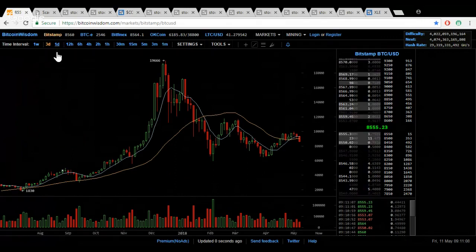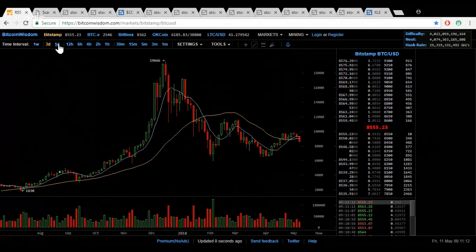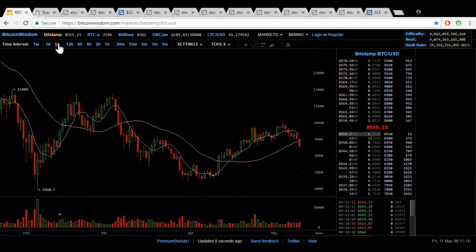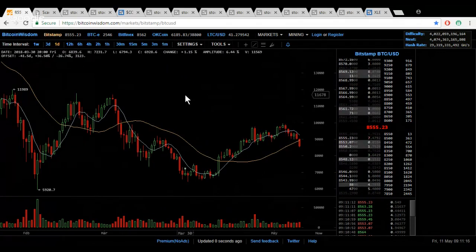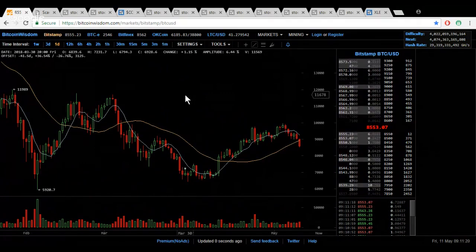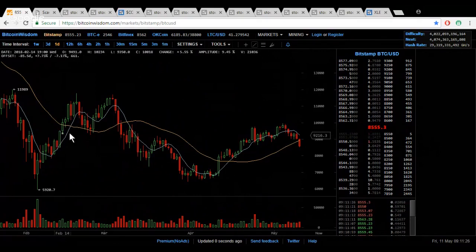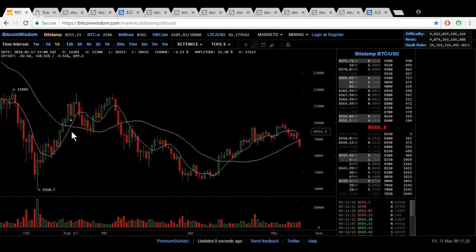On the 1-day, this is 1 day with 30 and 7 periods, so 30 days and 7 days. We have had a number of crosses because it's a shorter term.